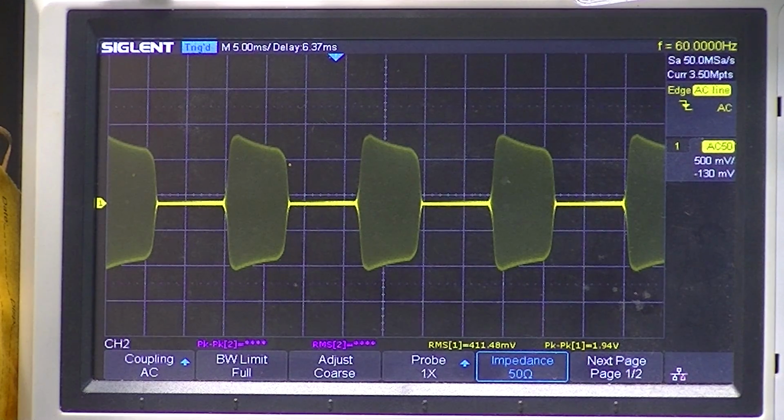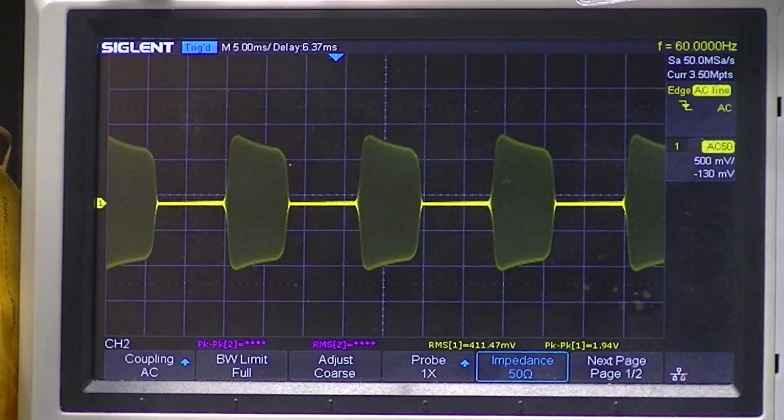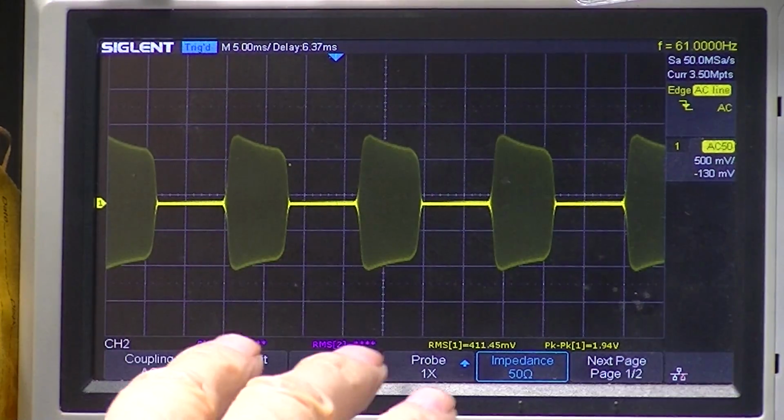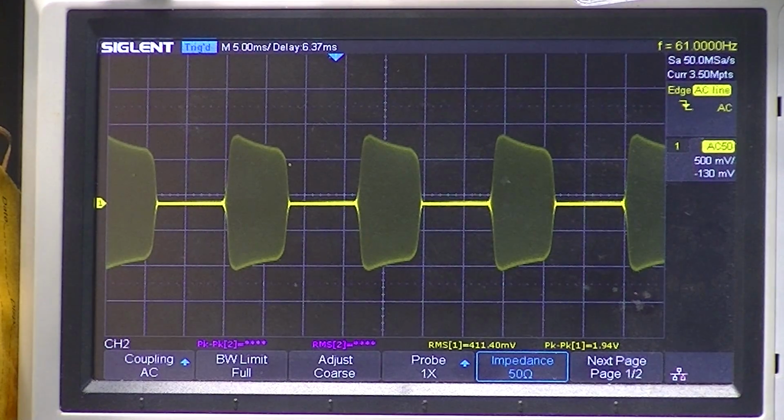That means I can synchronize the oscilloscope without any external connections between the sweep generator and the oscilloscope. Since the sweep generator is triggered at 60 hertz, or line frequency, I can trigger off the line frequency and everything is kosher.